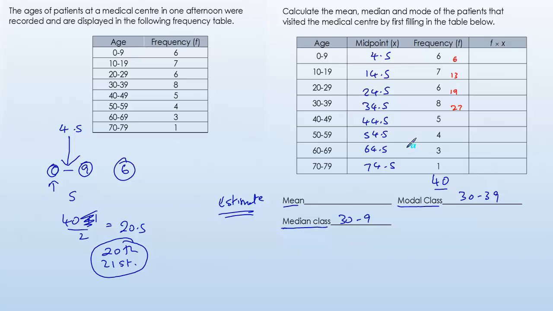Once we've done that, we're in the same situation as in previous examples. We're assuming that this is the data value, this is the frequency, so if we do frequency times the midpoint, we get the total of the data within that class, and adding all of that up will give us an estimate of the total sum of all the data. So we just need to do that calculation.